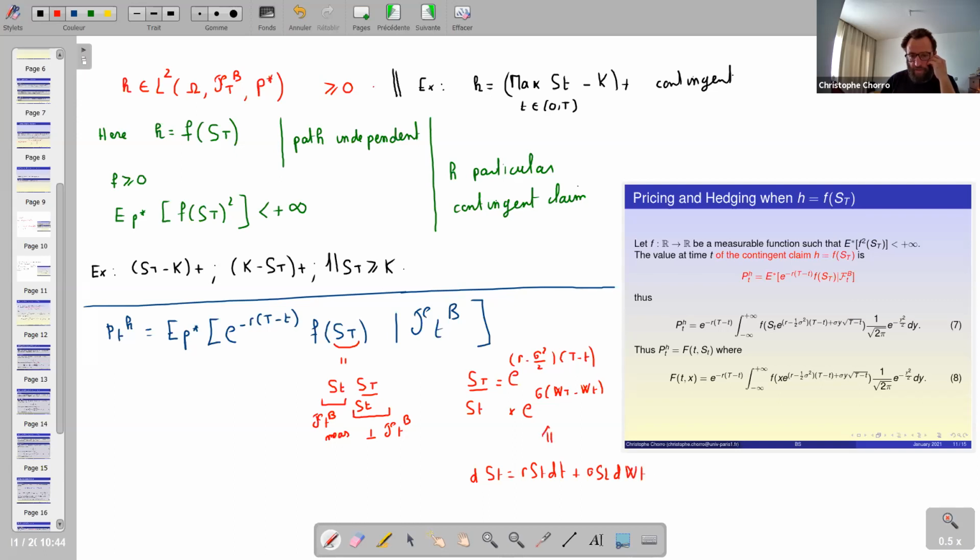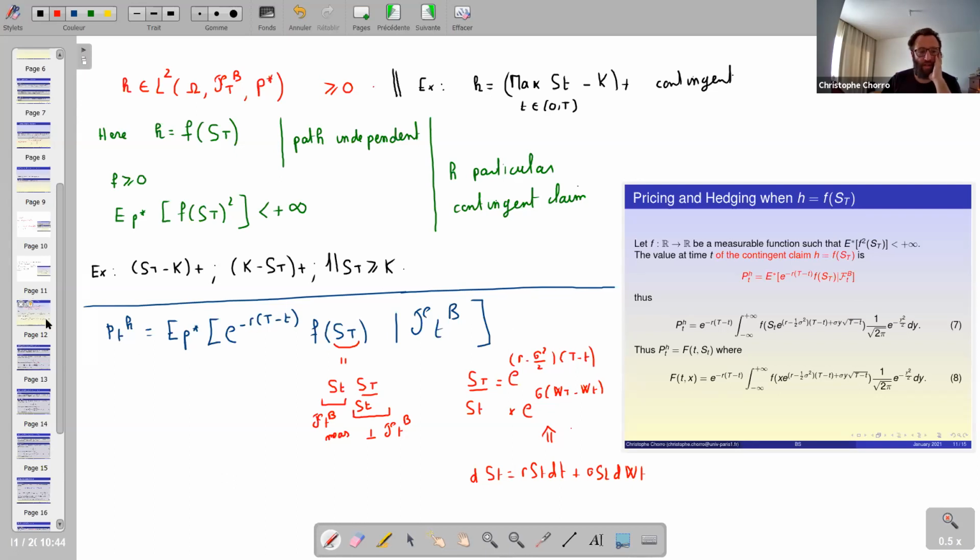So I have a conditional expectation to compute, and to compute it, I remark that I have a part that is F_t measurable and a part that is independent. It's a computation we have done several times together.